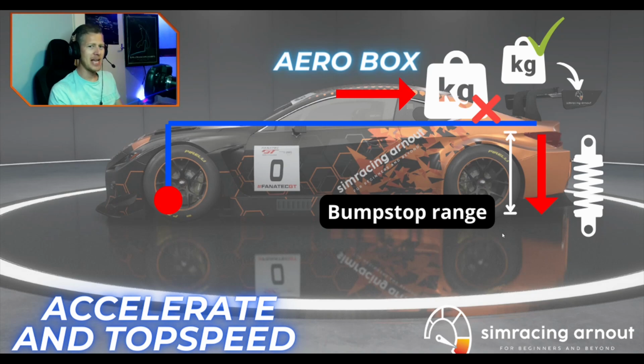So if we have massive ranges on the back, we allow this aero box to move further backwards. And what it's also adding, because we have more ranges, because the tire will move more freely, it will also have more efficiency. Yeah, so again, this works double.